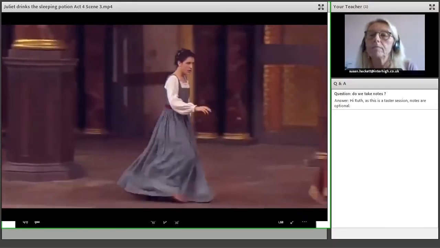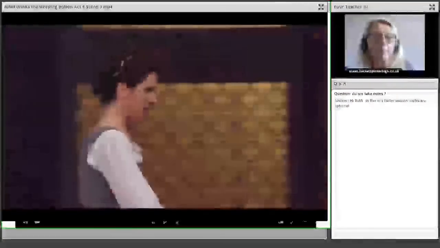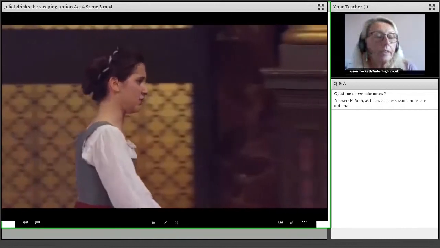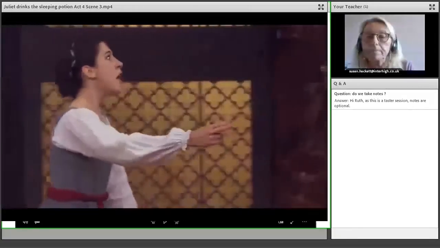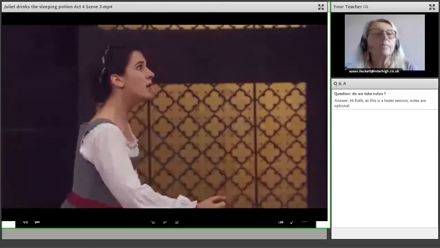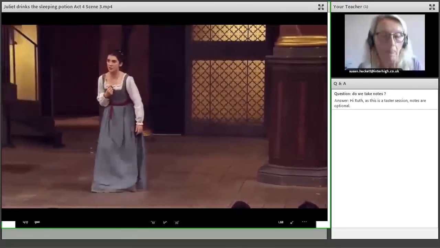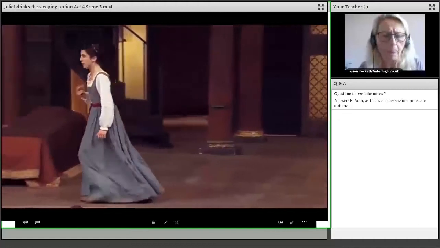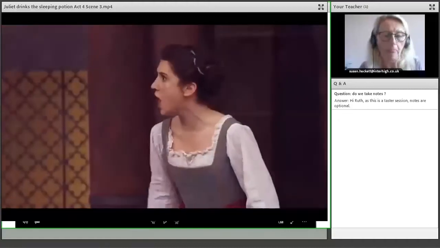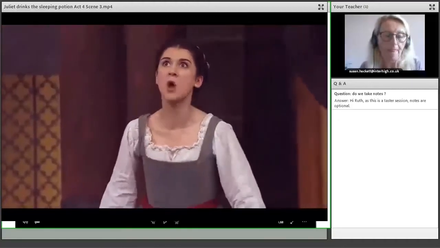How if, when I am put into the tomb, I wake before the time that Romeo comes to redeem me? There's a fearful point. Shall I not then be stifled in the vault, to whose foul mouth no healthsome air breathes in, and there die strangled ere my Romeo comes?